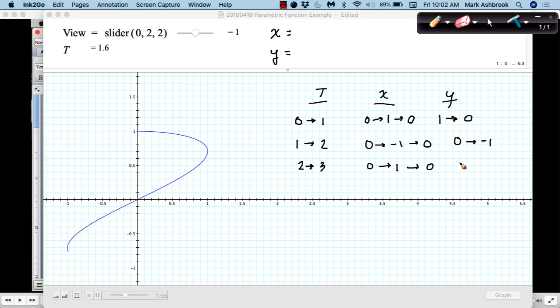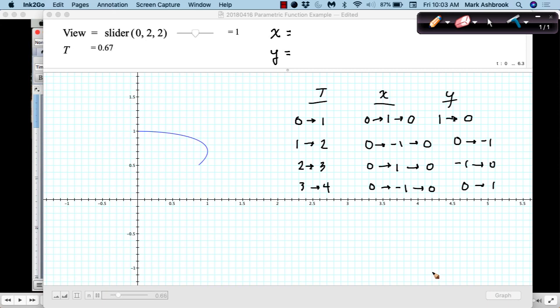All right, I think we're getting the hang of it here. And 3 to 4. Rithika, what'd you think? 0 to 0 to positive 1. Okay?